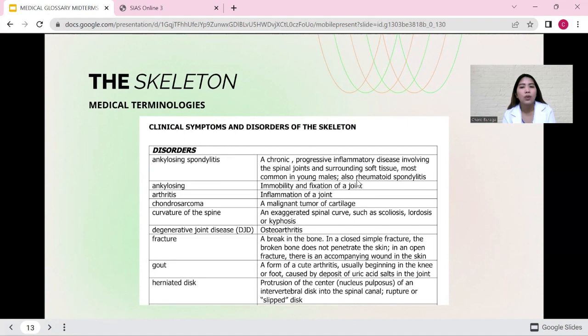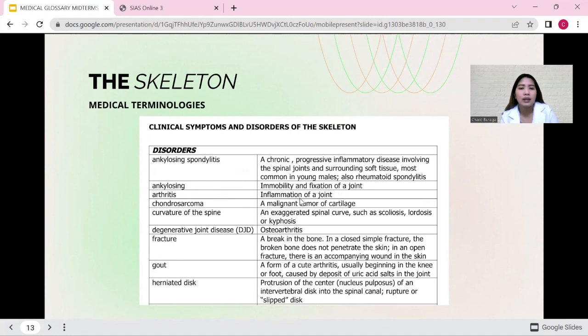Also, what you call the rheumatoid spondylitis. Usually, pag sinasabi nilang rheumatoid spondylitis, nahihirapan silang maupo, kasi inflamed yung sa likod nila. Usually, gusto nila nakahiga lang. Ankylosing, it is the immobility and fixation of a joint. So, hindi mo siya magagalaw.